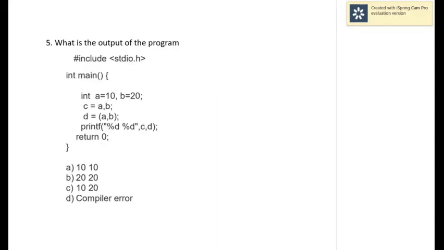So next question, the same thing here. I'm going to declare c comma d here itself, and here we are going to explain the comma operator as well as the assignment operator. So these are the two operators which are involved in this expression. Which of these two operators has the highest precedence?